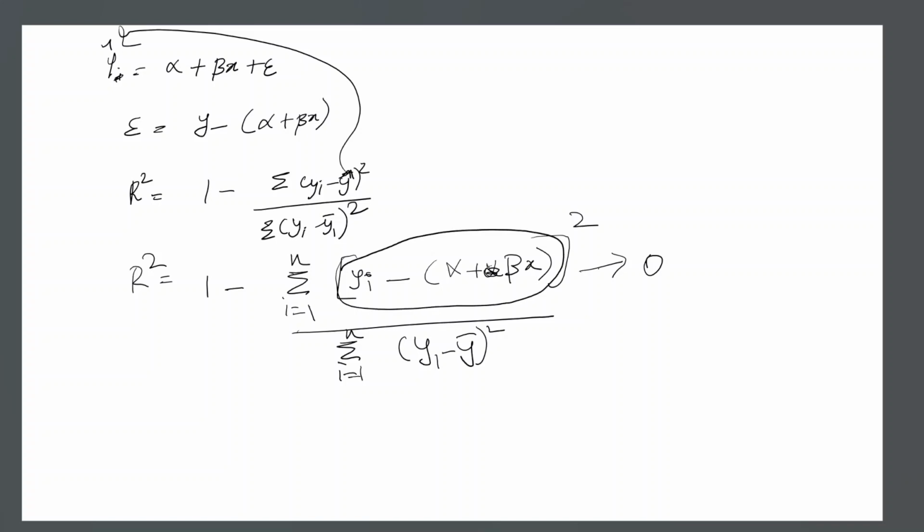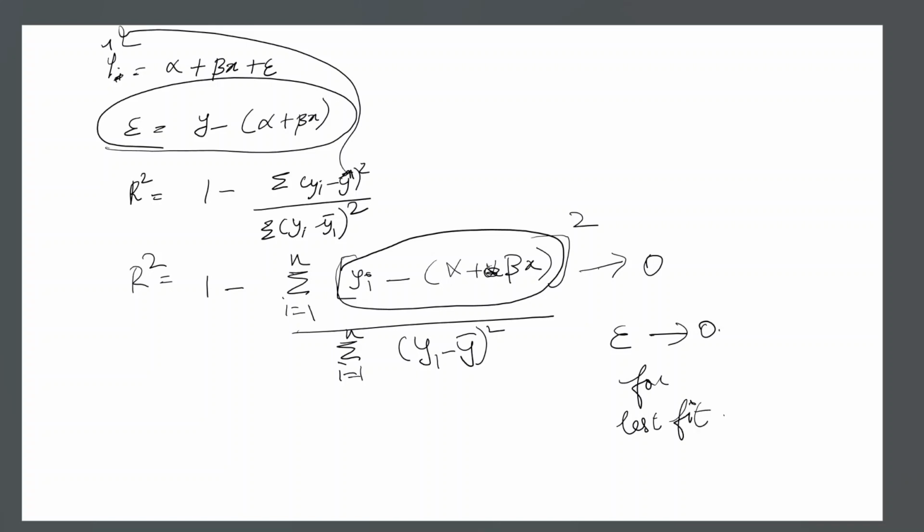What is the inside term? Y minus alpha plus beta x, which is the error. So we want the error term to become 0 for getting the best fit. So that is how we tell the expected value of the error is 0. I hope this should be clear.